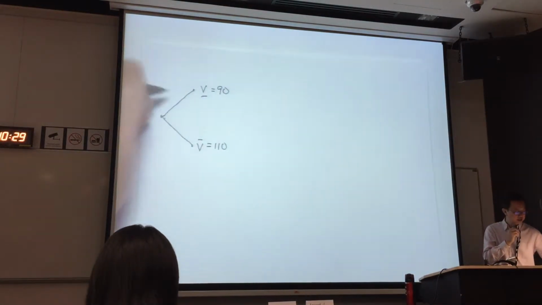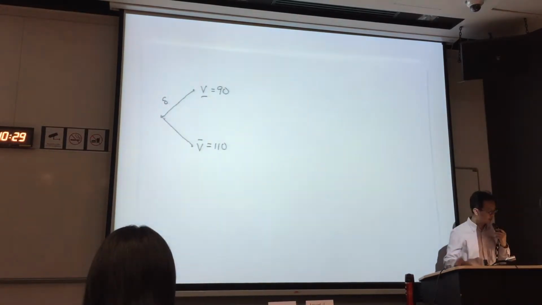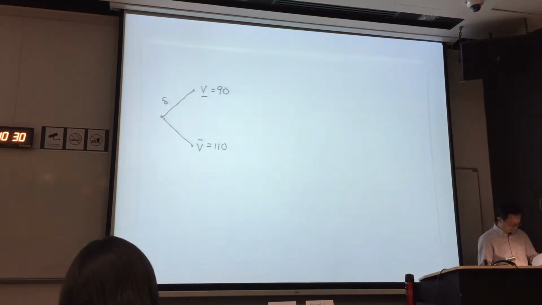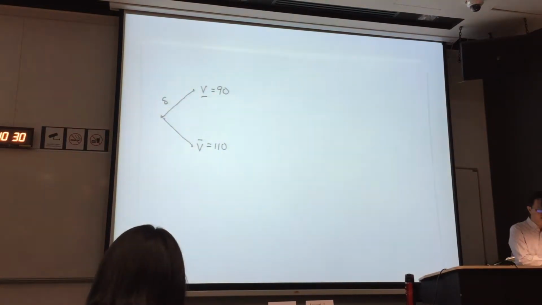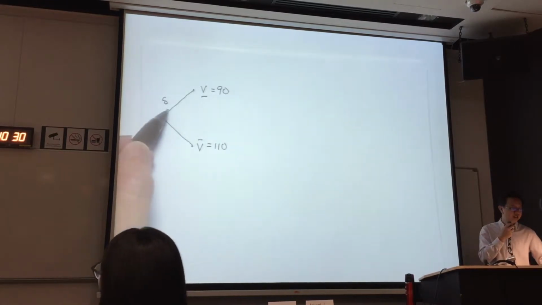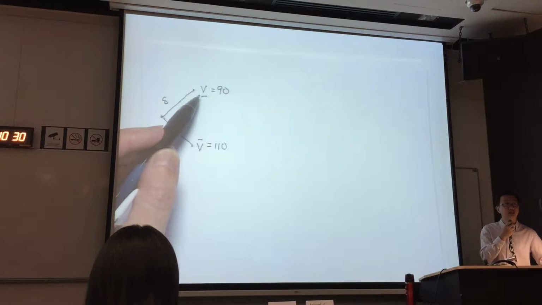What is this theta stated in the slide? It's the probability associated with the value of 90. Understand?